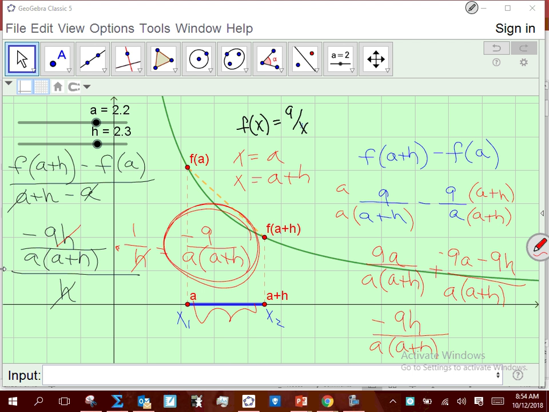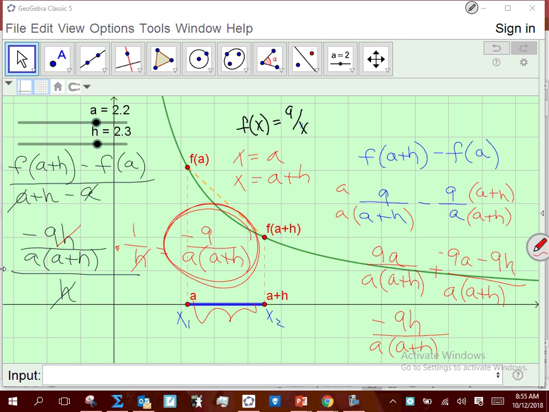And what's nice about that, guys, is that this is 95% of the calculus that you're going to do next year, this type of problem. The next aspect of this question in calculus class says, okay, now what happens when h gets really, really small?